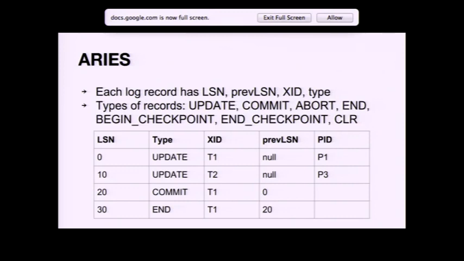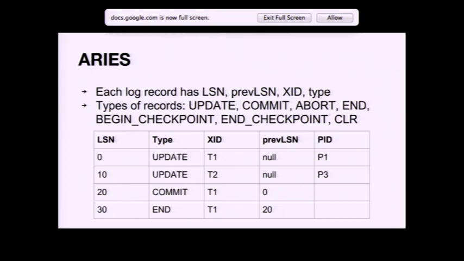This is what the log would look like. Over here it shows the columns LSN, type, transaction ID, and prev LSN. For update log records, there are actually more fields that get involved. One of those fields is the page ID. If we look at the first row in this table, we see transaction T1 has prev LSN null, and we're updating the page with PID 1, so P1.